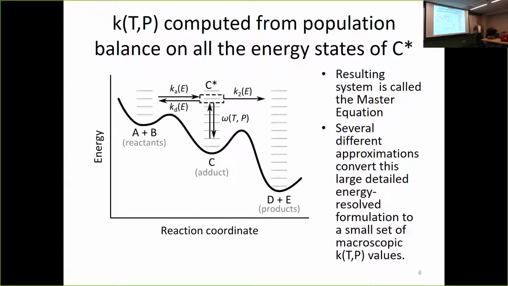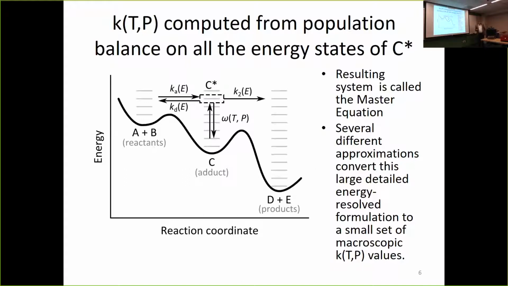And from that population balance, conservation of excited state of C, I can write down the time evolution of the population of this state. And I can do it for every single state in the whole system. If I write them all down, I get a huge system of equations called the master equation. If you solve it, it will tell you what happens to all the energy states of all the species as a function of time.